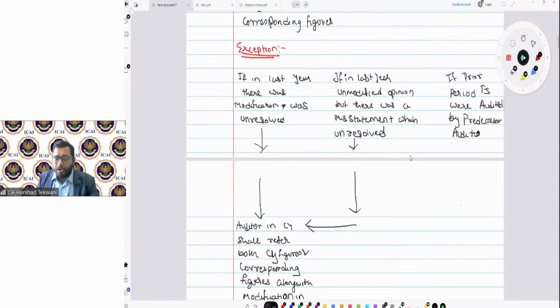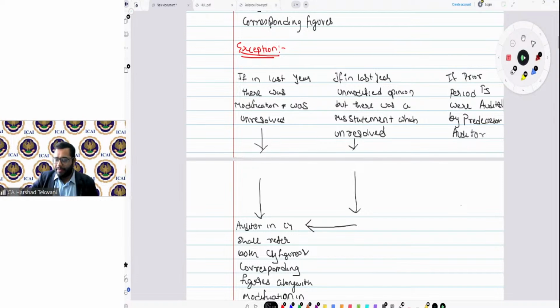So there was a different auditor in the previous year, and there is a different auditor now. Accordingly, there is a change in the auditor.